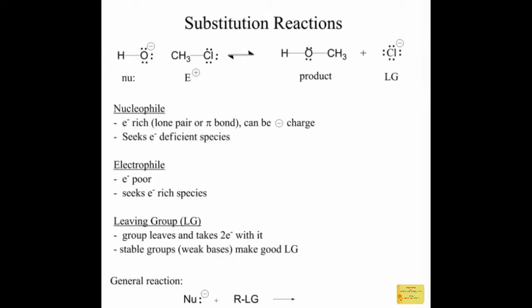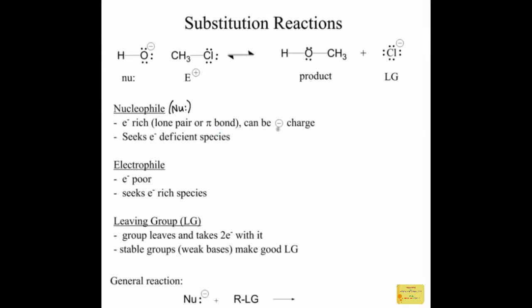We've substituted. And let's define some of the players in this reaction. This first species I've labeled NU. That stands for nucleophile. So I'm going to be using the abbreviation NU with a lone pair. And a nucleophile is defined as something that is electron rich. So typically we'll see a lone pair on a nucleophile. We'll also see examples where a pi bond can behave as a nucleophile.